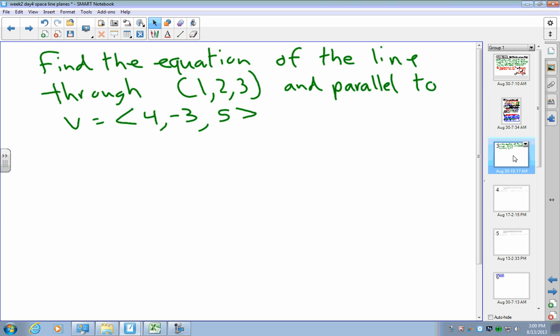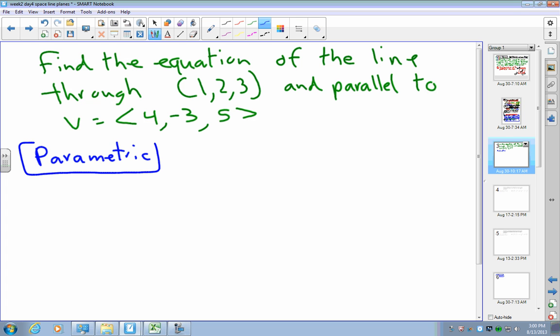It says, find the equation of the line through the point 1, 2, 3 and parallel to the vector 4, negative 3, and 5. This is pretty straightforward because you already have the point and you already have the parallel vector, so you can just write them right in. So the parametric way would be x equals x naught plus at, which would then be 1 plus 4t.